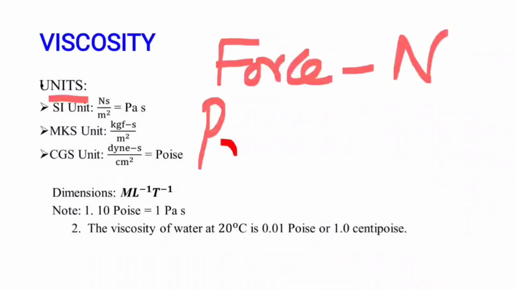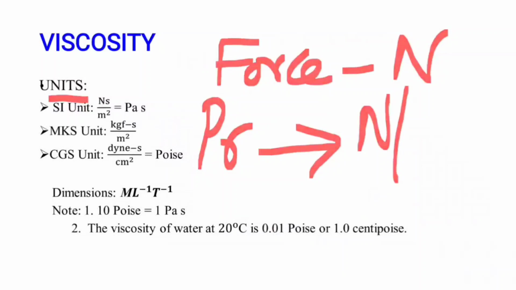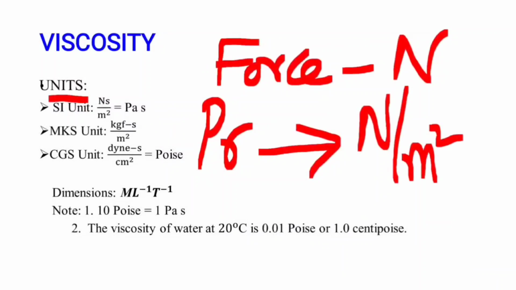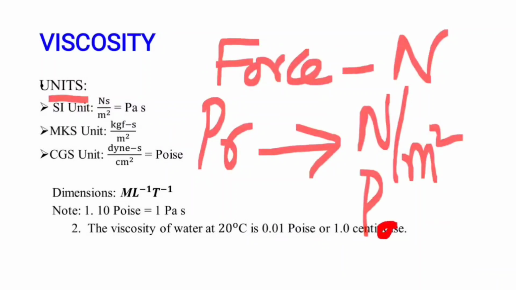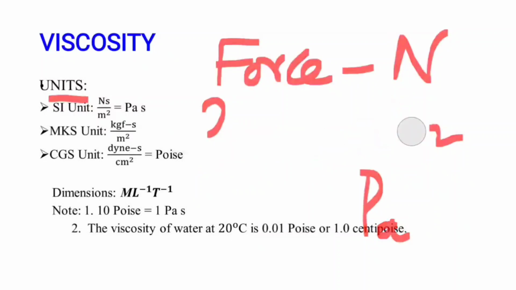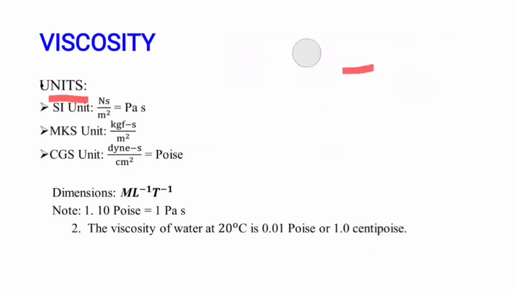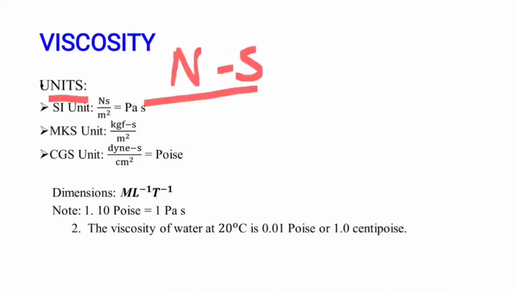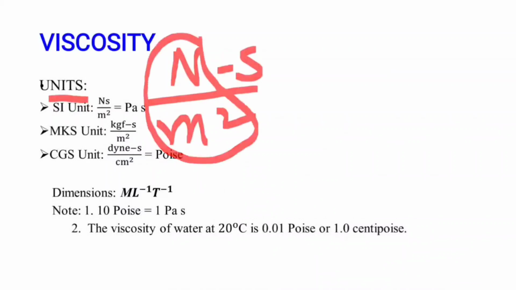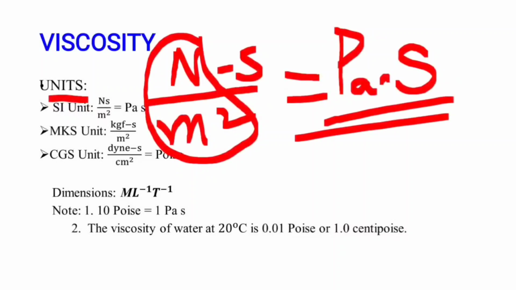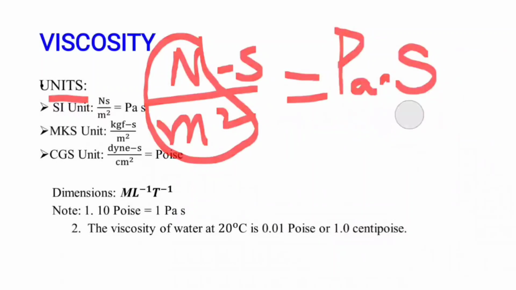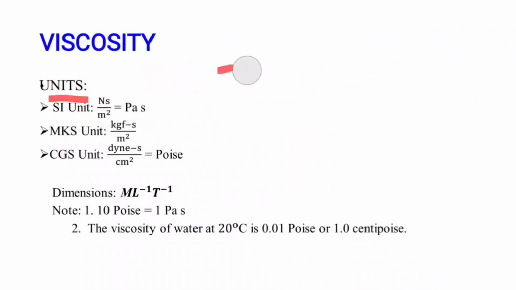Pressure has units of Newton per meter square, which is also called Pascal. So Newton second per meter square is written as Pascal second. Understand? That is the SI unit.